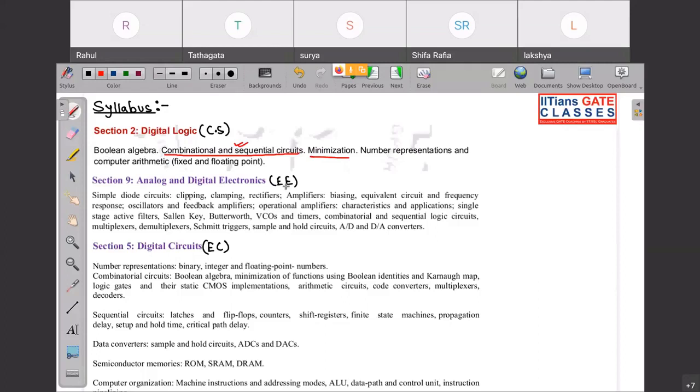Now talking about electrical. You have this syllabus mixed with analog electronics. From this part to this part is digital electronics, and from here to here it is analog electronics. Even for electrical, the syllabus is quite small compared to EC or even IN.